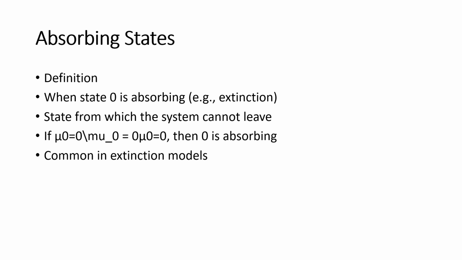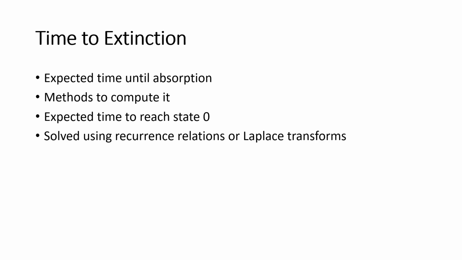If mu_0 is equal to 0, then 0 is absorbing, which is common in extinction models. Time to extinction is the expected time until absorption, that is, the expected time to reach state 0, solved using recurrence relations or Laplace transforms.